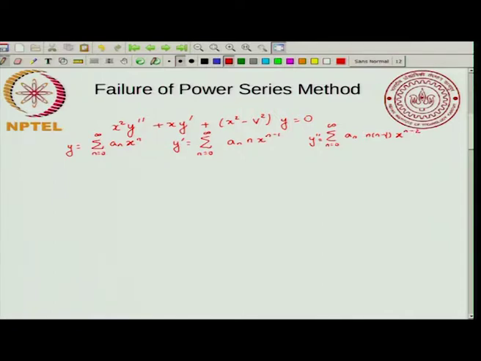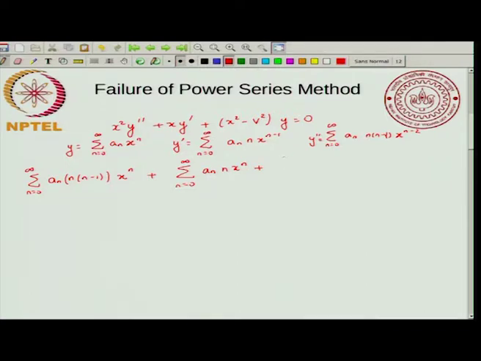And when you substitute in this equation, what you will get is the following: sum over n equal to 0 to infinity a_n n (n minus 1) x raised to n, plus sum over n equal to 0 to infinity a_n n x raised to n, plus now you will get two terms.